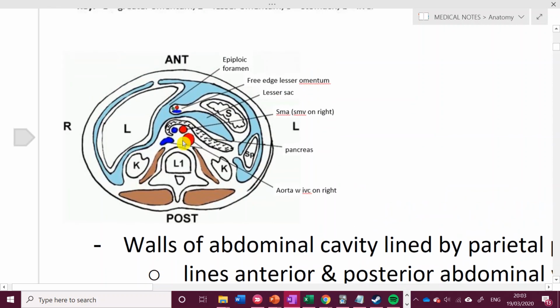So these are the kidneys. This is the L1 vertebral body, spleen, stomach, liver, and some muscles. And then we have these vessels, so the aorta with the inferior vena cava on the right, and then the superior mesenteric artery with the superior mesenteric vein on the right.